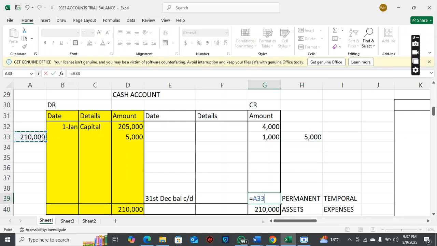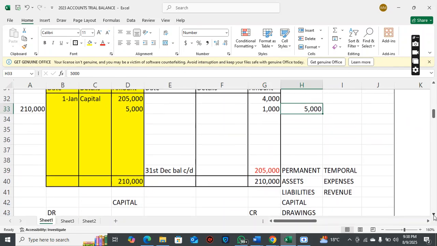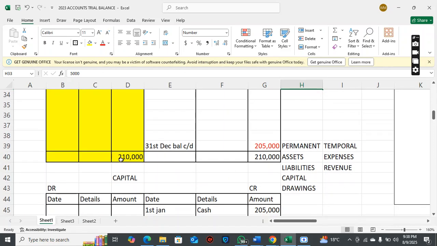So you're going to say 210,000 total debit minus 5,000 total credit. You get 205,000 here. Then you go to the next period, you're going to say the 1st of January. You're going to say balance brought down, BD, balance brought down.